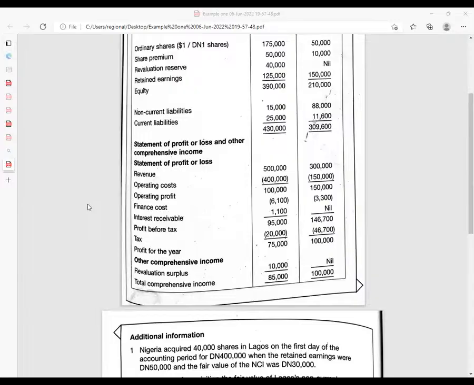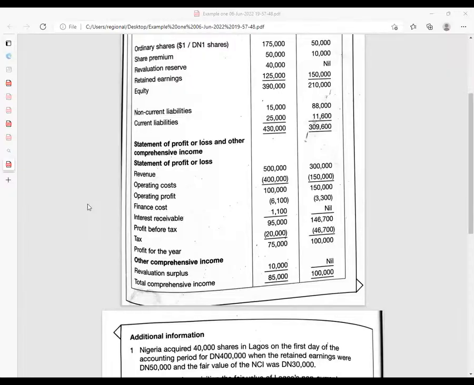And then we have OCI, other comprehensive income. Under other comprehensive income, ladies and gentlemen, what else have they given us there? I have revaluation surplus, and I'll be bringing in the group exchange gain.